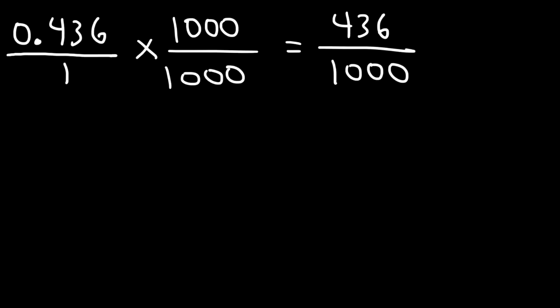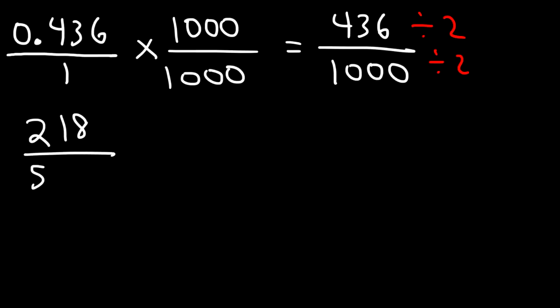Now, if you can't think of a way to break down these numbers into smaller numbers, you can just divide both numbers by 2. And so 4 divided by 2 is 2. 36 divided by 2 is 18. 1,000 divided by 2 is 500. Now let's do it one more time.